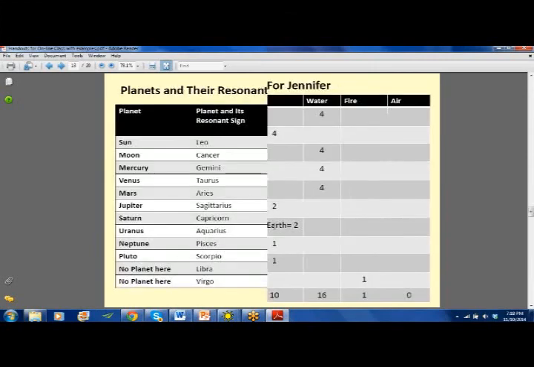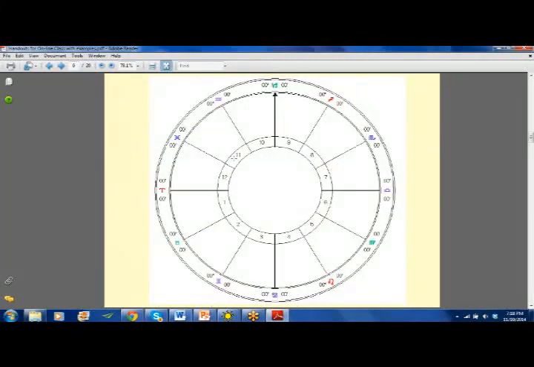One of the things you're going to be doing is taking this blank chart, and actually it shouldn't have Aries here. I'm going to have to work on that and create one that doesn't have any symbols in the center here, because you're going to be drawing up your own chart and placing the planets and putting in the angles and just drawing it out.